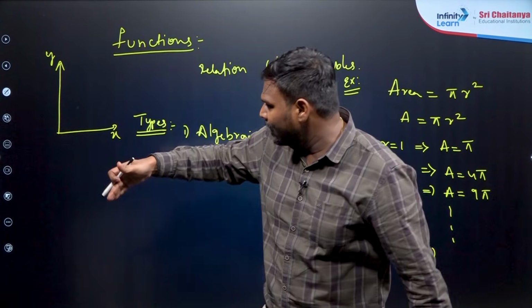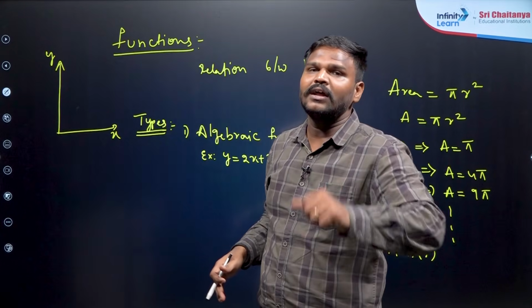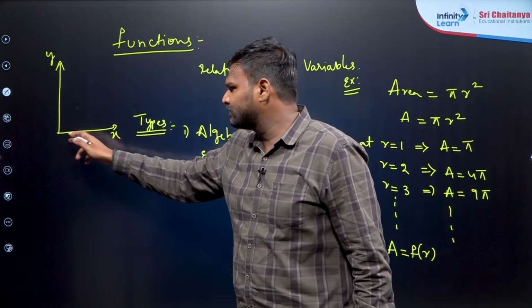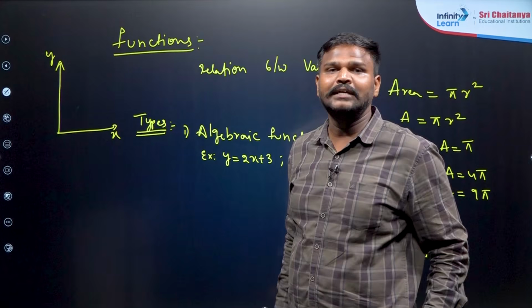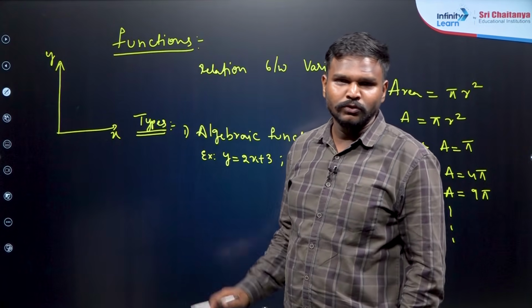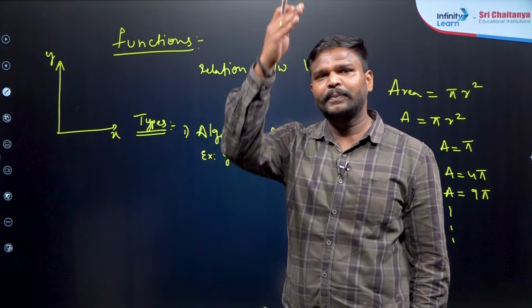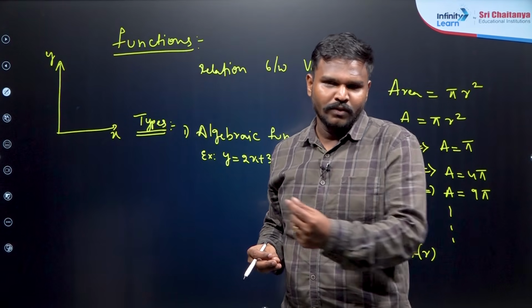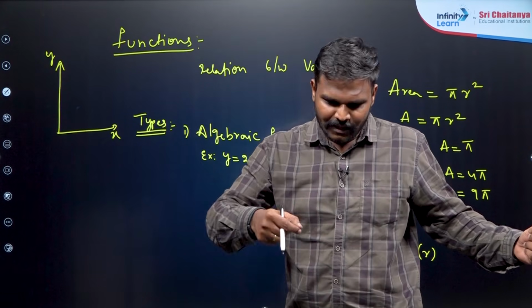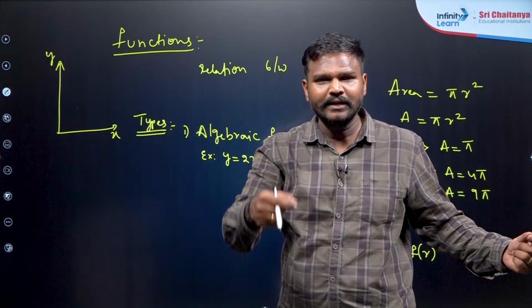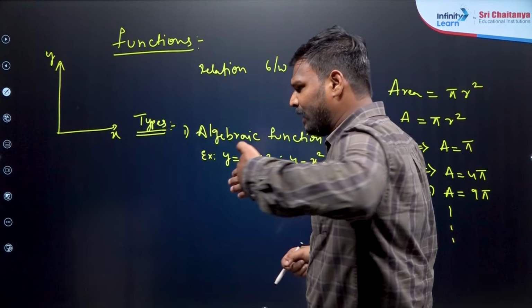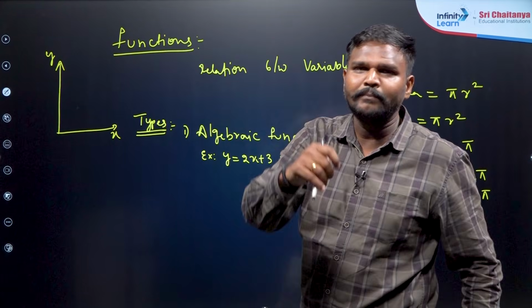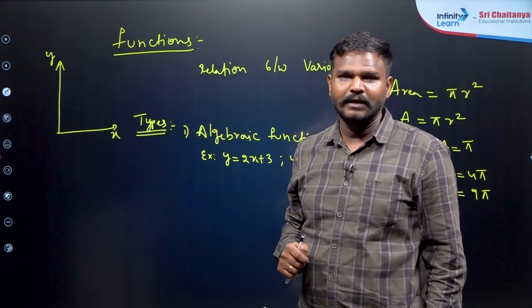Let us say on the y-axis I am taking the number of runs scored, and on the x-axis the number of overs in a match. Like that, I always represent x, y, z. We live in a three-dimensional space. The horizontal axis I am calling x, the vertical axis I am calling y, and into the plane and out of the plane I am calling z, correct.